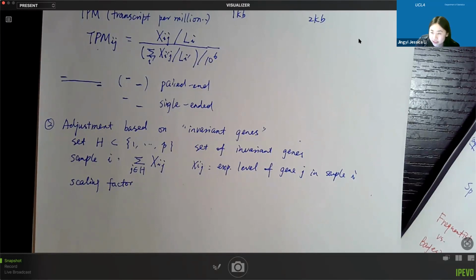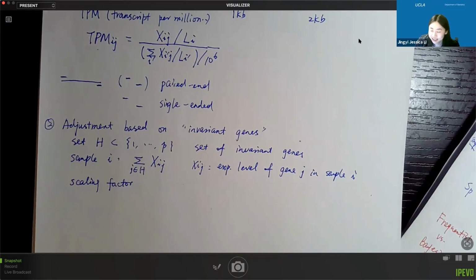If your samples are from different tissues, then this invariant gene set will be the genes whose expression does not change across those tissues. In other words, the invariant gene set definition will depend on the samples of your analysis. And do you know how they initially determine these genes? It seems like a really hard problem. Yes, I will talk about that very soon after we set this up.